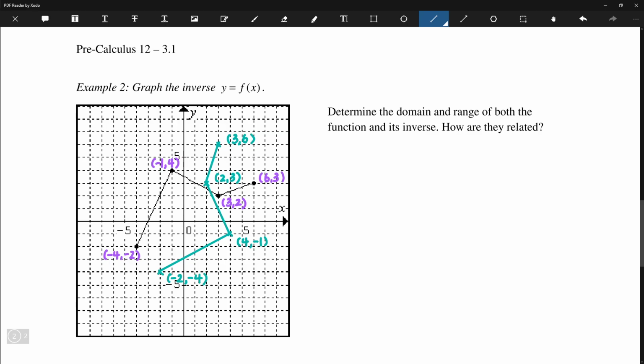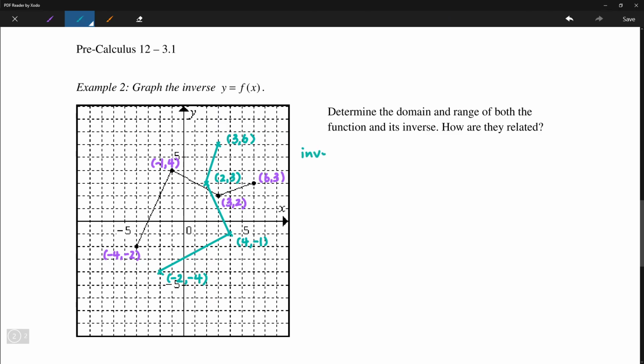Notice that the inverse is not a function, right? Because it doesn't pass the vertical line test. So if we were to draw a vertical line here, for example, it fails the vertical line test. So make a note of that.